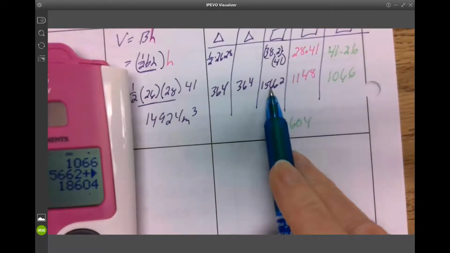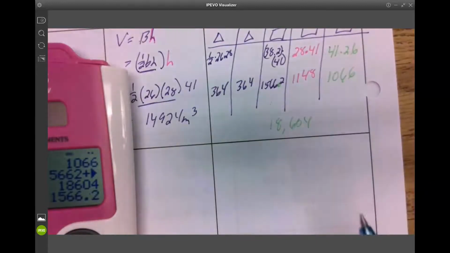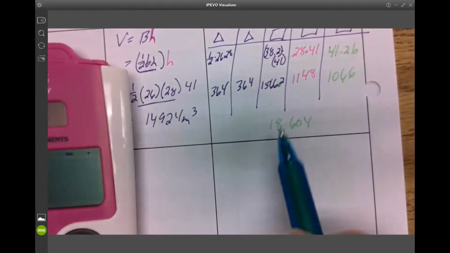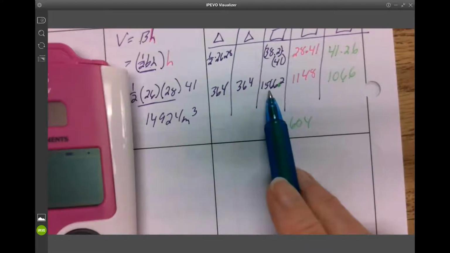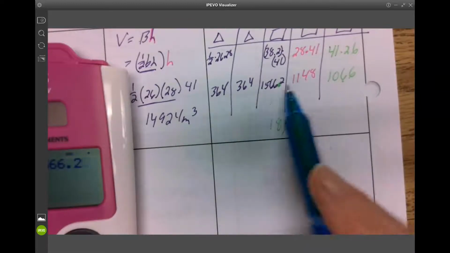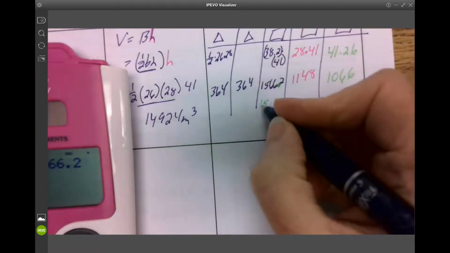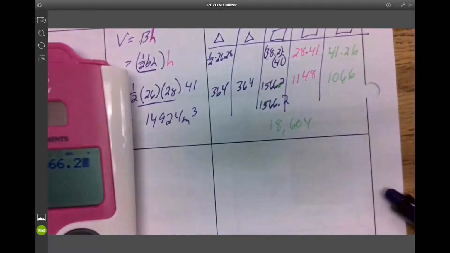I want to do this one again because it's so much bigger than these. So 38.2 times 41. Oh, you know what? That's a decimal point right there. That'll make a difference. I didn't see that. So let's try this again. 364 plus 364. But I knew something was wrong. So that's a decimal. This is 1566.2.